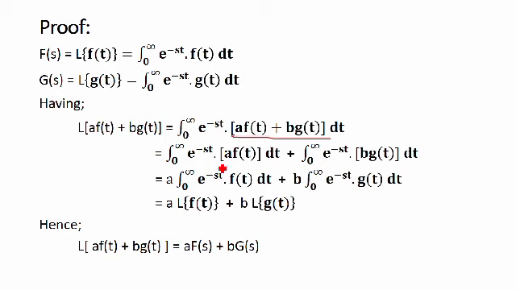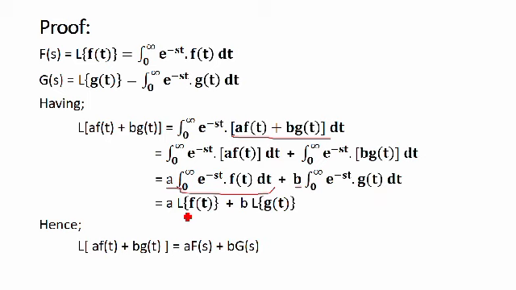Here we see that a and b are constants, so we can factorize them out, and then we remain with the integral from 0 to infinity of exponential negative st times f of t dt, and the integral from 0 to infinity of exponential negative st times g of t dt.